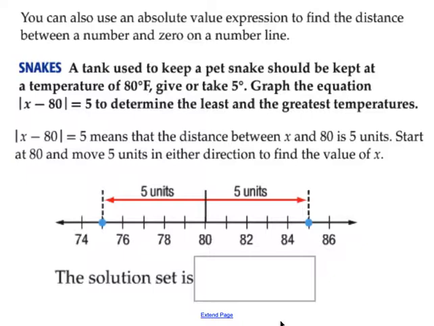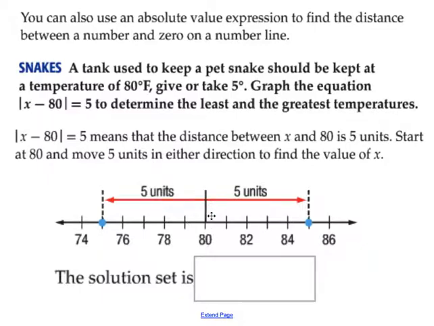We can also use absolute value to find the distance between a number and 0 on a number line, just like we've been doing. Here's a word problem, and it says a tank that's used to keep a pet snake should be kept at a temperature of 80 degrees Fahrenheit, give or take 5 degrees. So this is kind of an example of tolerance levels. Graph the equation absolute value of x minus 80 equals 5 to determine the least and the greatest temperatures.